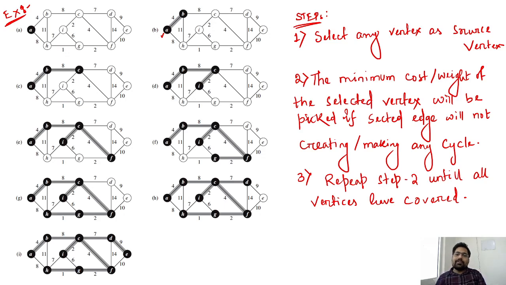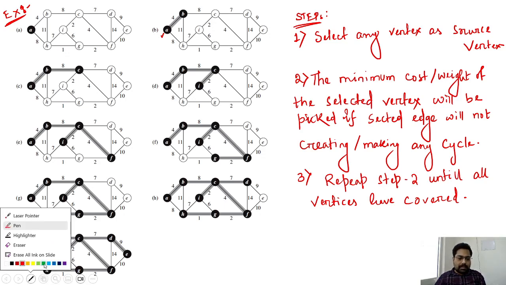Okay. So first we have to select any vertex as source vertex, that we have done. Next, the minimum cost or weight of the selected vertex, which you have already selected, will be picked on the basis of what? If it is not creating any cycle, then only we will pick that one. I'm just changing the color here.